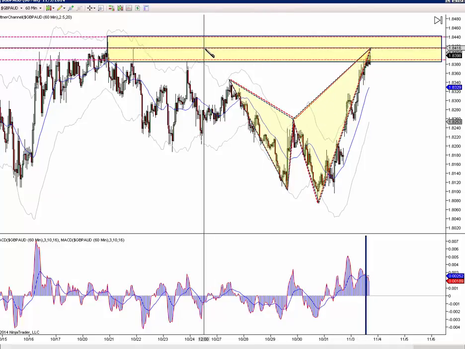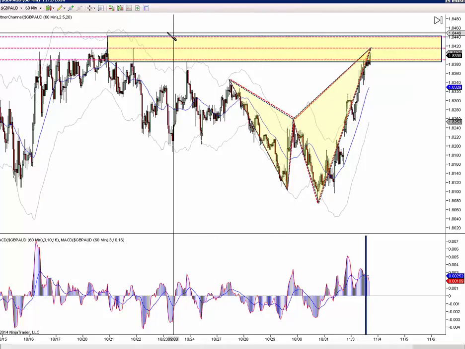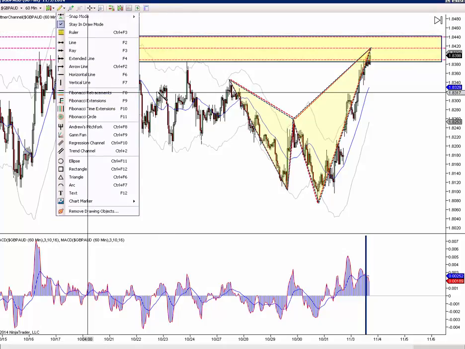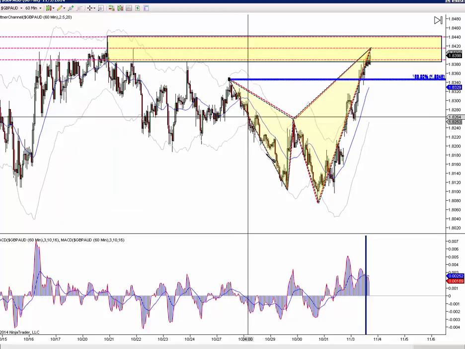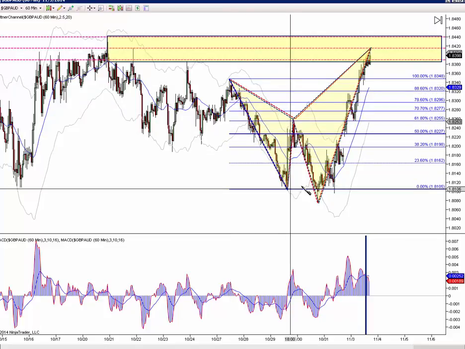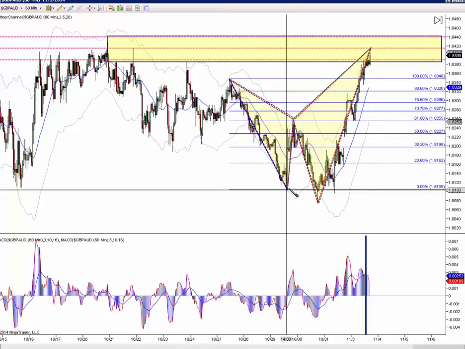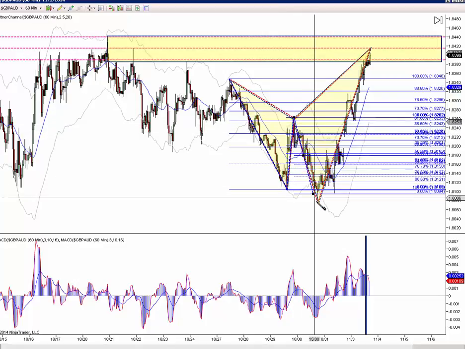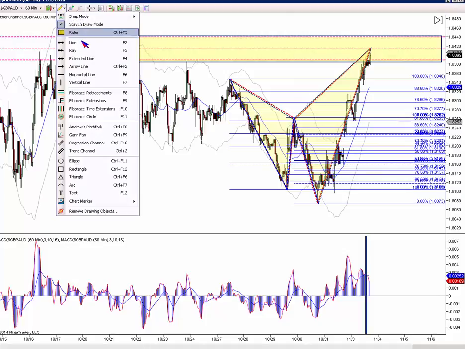All right. And then I start looking at the pattern from high to low, from low to high, from high to low, and we stop right there.